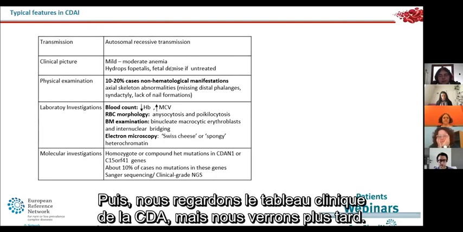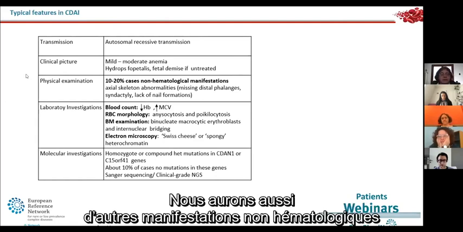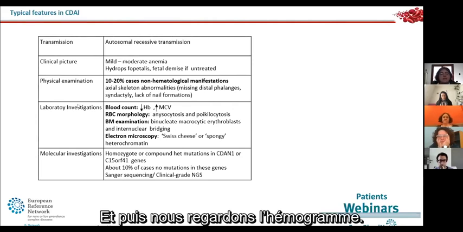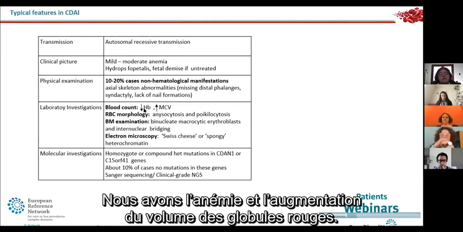Then we look at the clinical picture in CDA, but we'll see that later. We will have also other non-hematological manifestations that can suggest the presence of CDA. And then we look at the blood count. We have anemia and increased red cell volume.